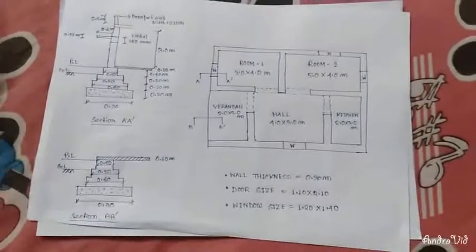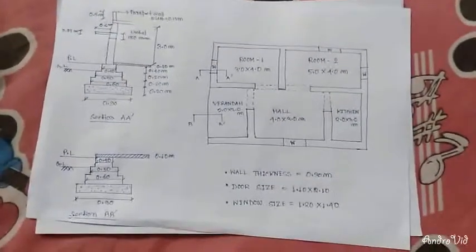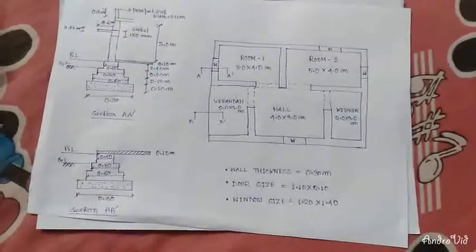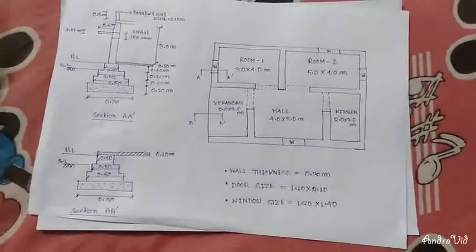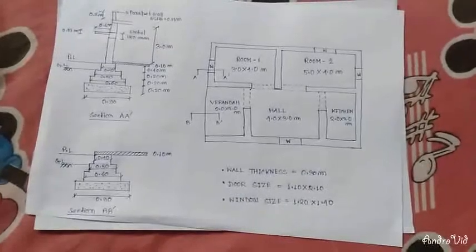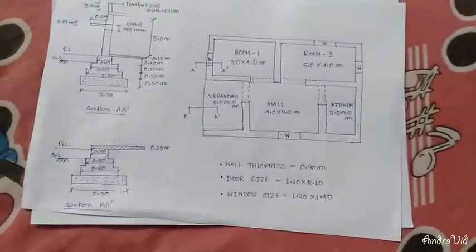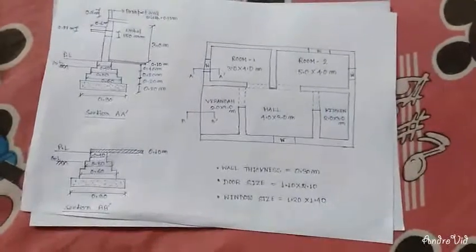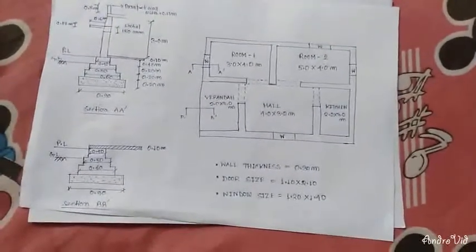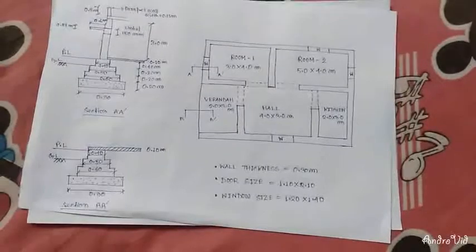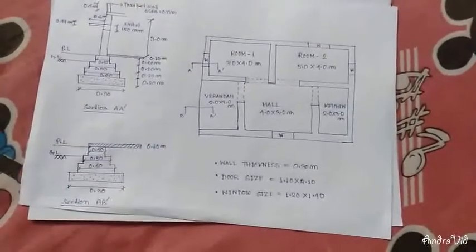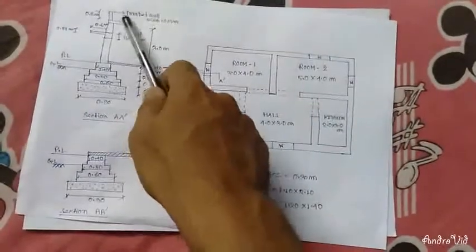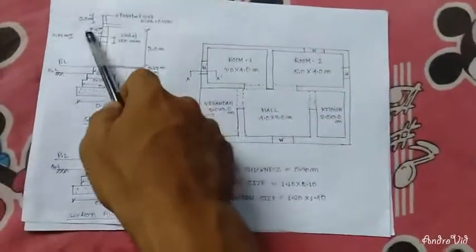In this section we have the dimensions of the foundation, brick masonry up to plinth level, earth filling, flooring, and the height and thickness of the damp-proof course. Then we have brick masonry in the superstructure wall, windows, lintel beams and chhajas.